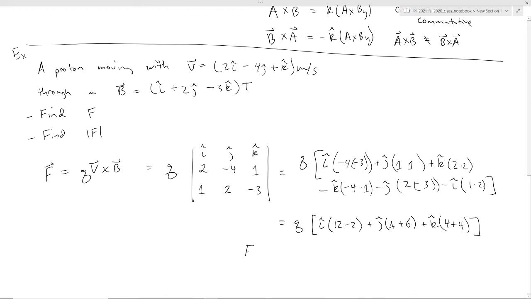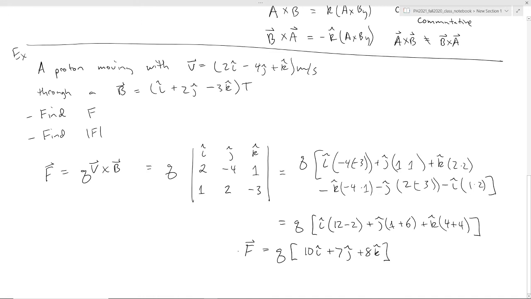So really the force, when we boil this down, would look like q times 10 i hat plus 7 j hat plus 8 k hat.